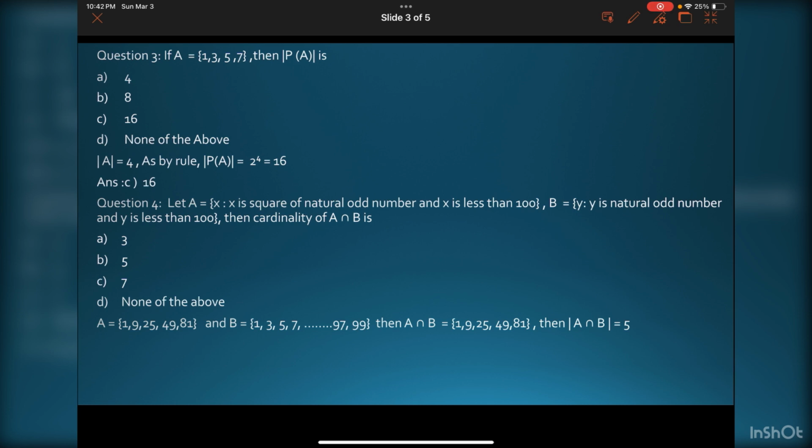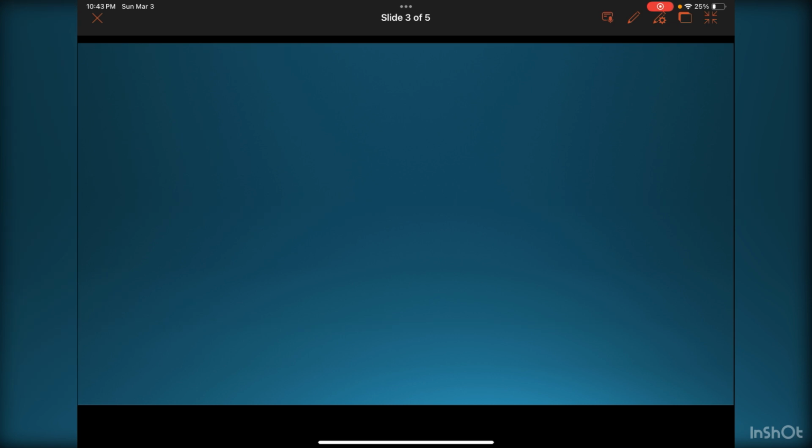So in this case, A intersection B is always A, because A is a strict subset of B. So A intersection B is always A. The cardinality of A intersection B is the cardinality of A, that is 5. So the correct answer is 5.